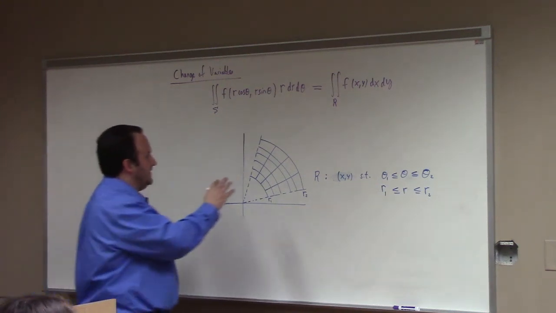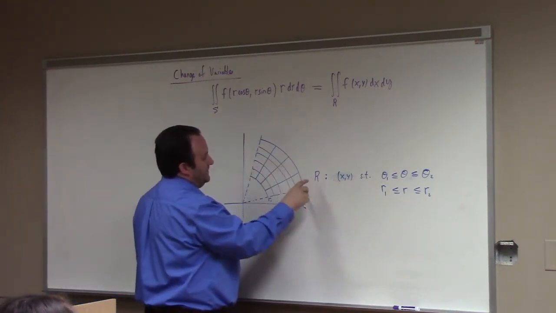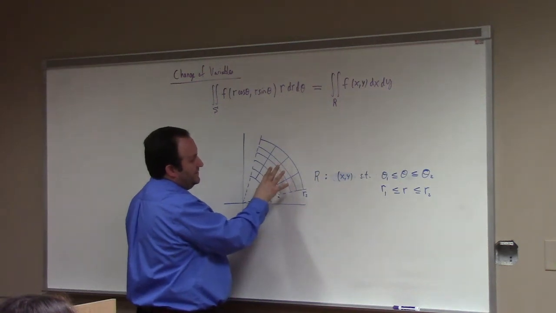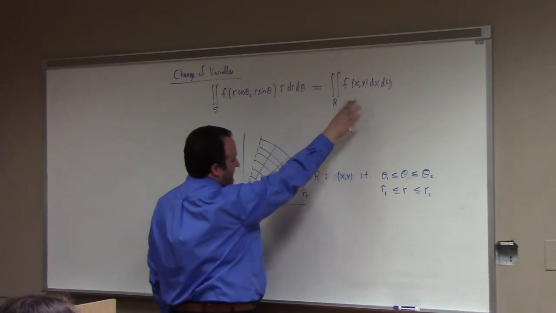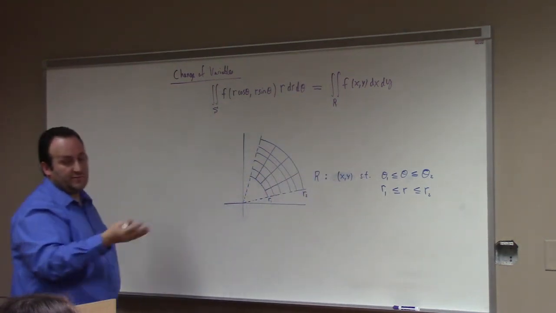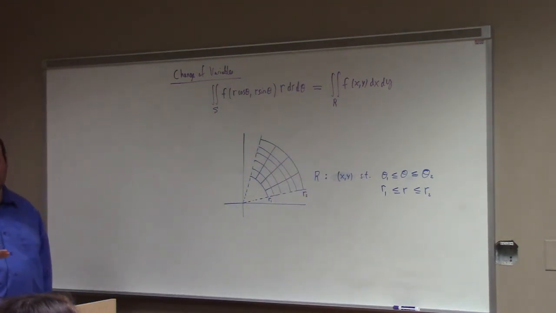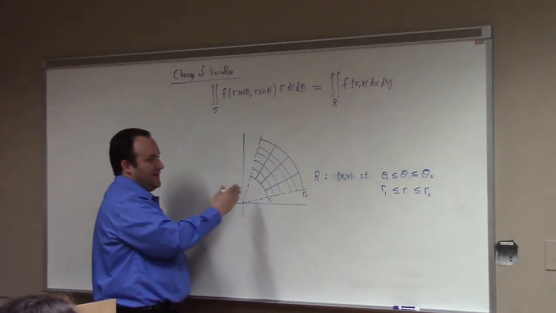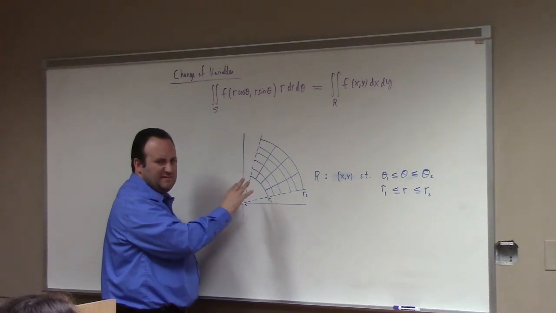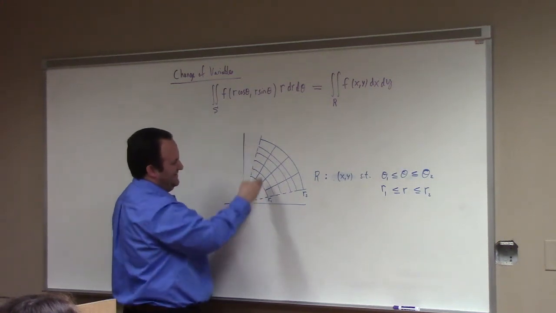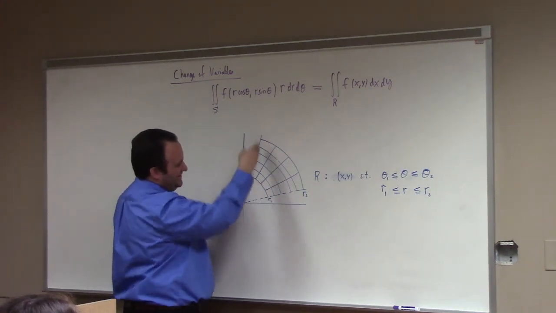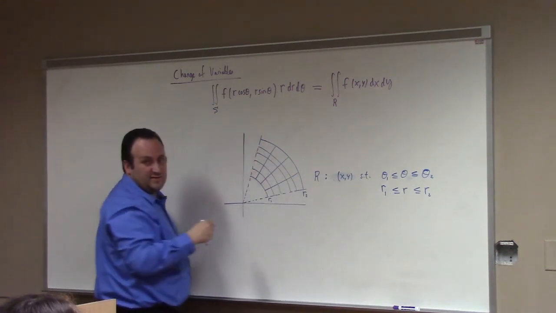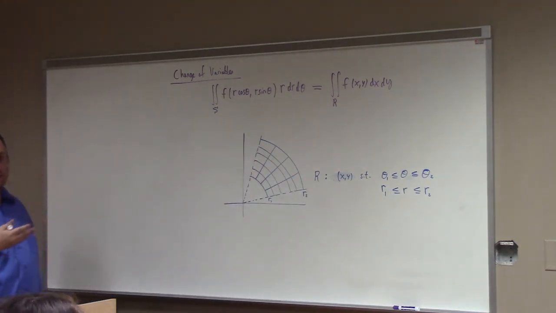This is actually the picture of R. Of course, one thing we could do is just calculate it like this, as we've done. We could use x y coordinates to calculate it directly. That would be a real pain for this shape, wouldn't it? Because this is neither type 1 nor type 2. It would be really unpleasant. I guess you have to break it into two pieces to do two type 1s or two type 2s if we were going to calculate directly in terms of Cartesians.